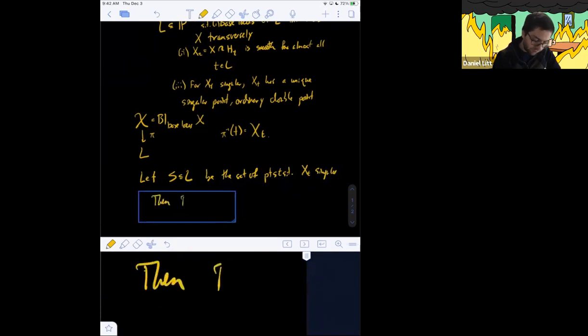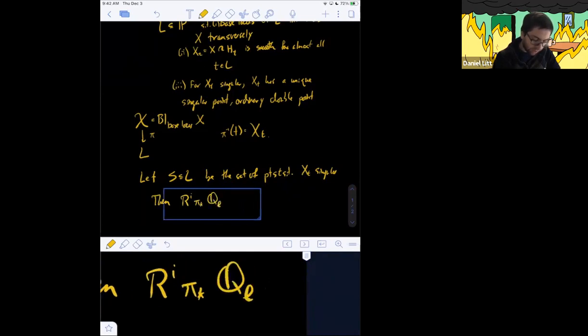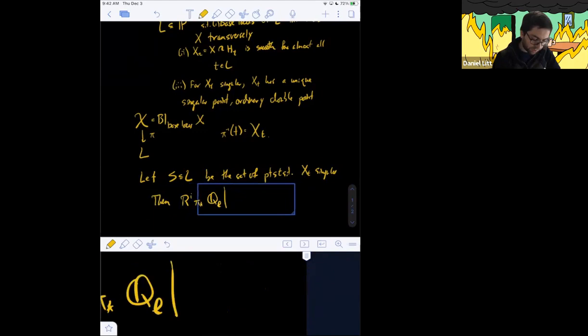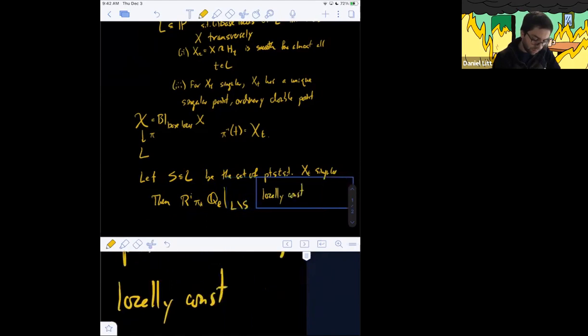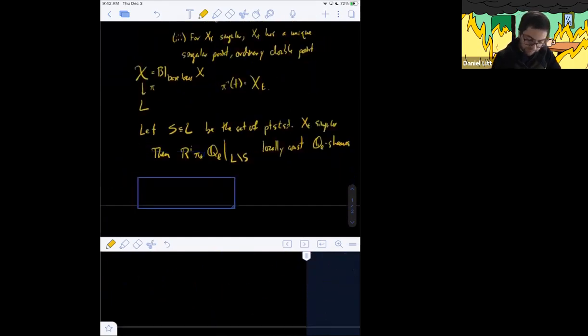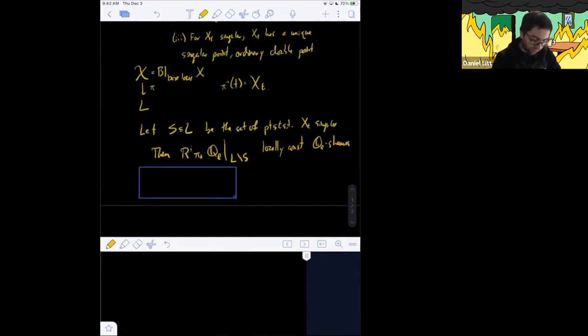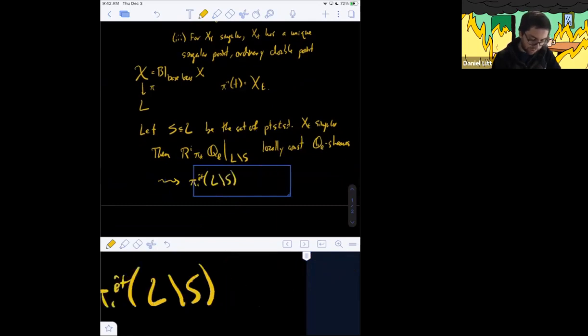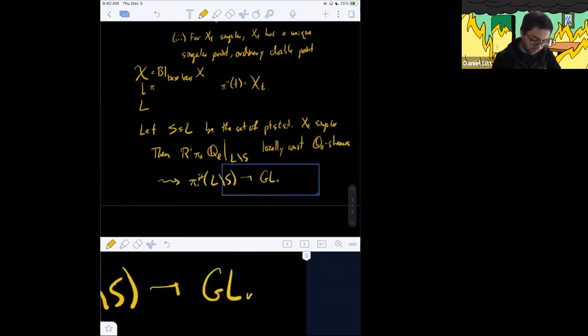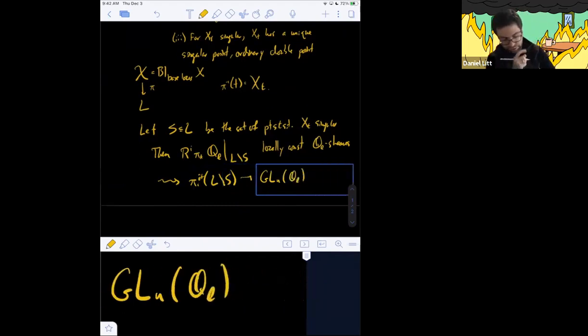Then we get these sheaves R^i pi_* of the constant sheaf Q_l, restricted. If we restrict these sheaves to L minus S, these are locally constant Q_l sheaves, so they correspond to some representations of pi_1 etale of L minus S into GL_n(Q_l). Okay, and we wanted to understand these representations.